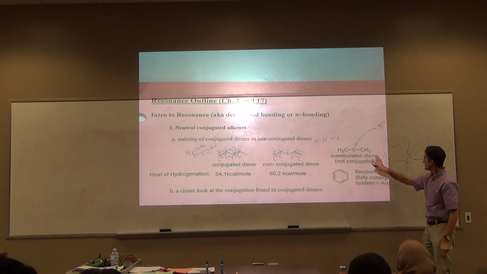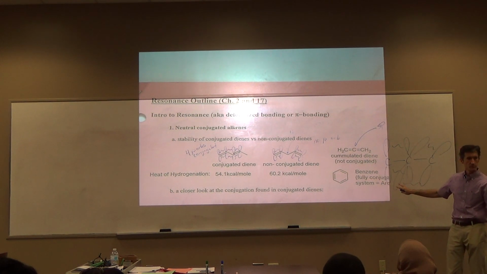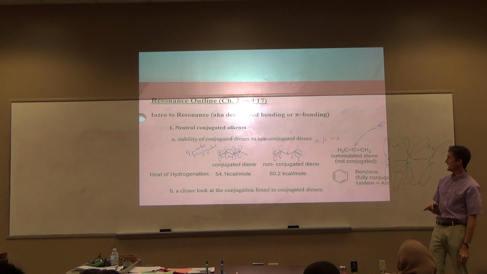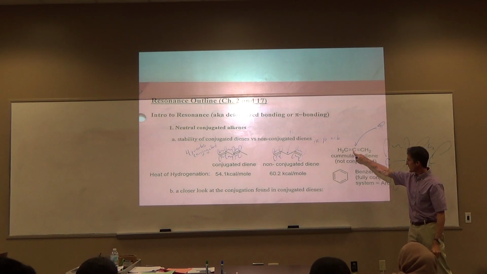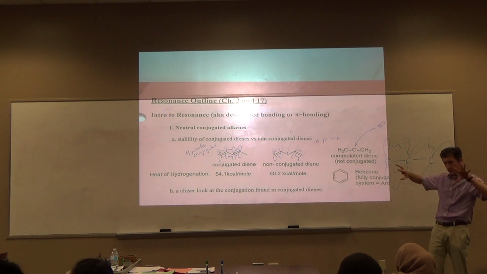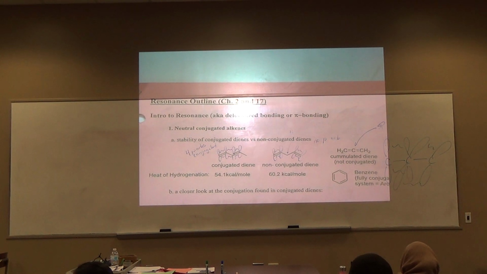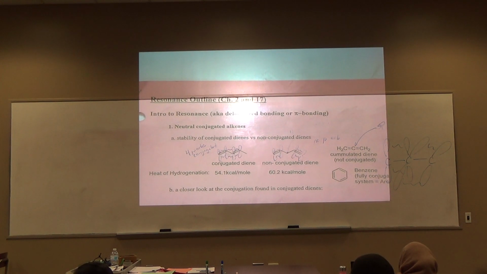If you understand perpendicular p orbitals, that's called an accumulated diene, when you've got a very weird-looking carbon that's double bonded on both sides. It's not a common type of compound, but it is known.